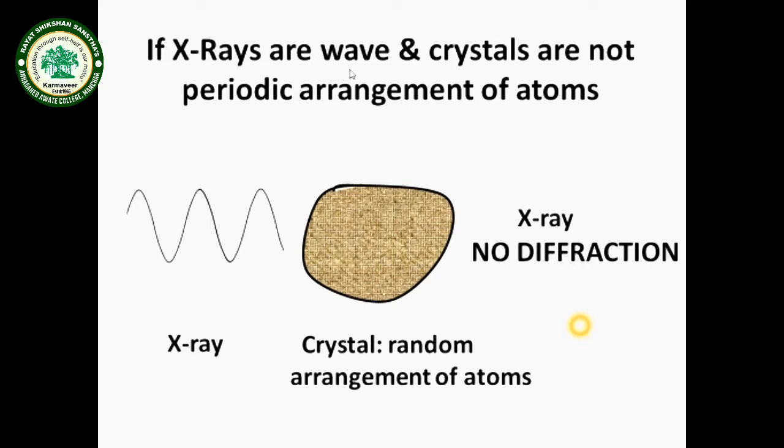If X-rays are waves, represented by the wave over here, and crystals are not a periodic arrangement of atoms, then the first condition is true but the second is false. Still there will be no diffraction shown by X-rays. Similarly, if X-rays are represented as waves here and crystals show a random arrangement of atoms, then their effect will not be shown and there will be no diffraction.